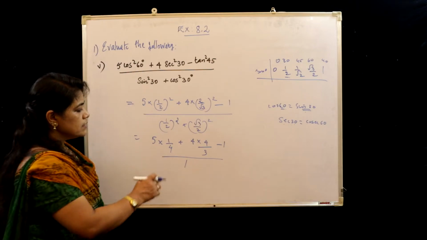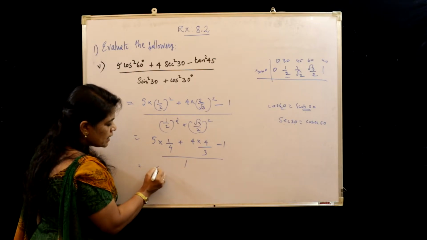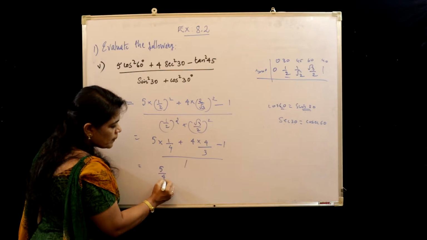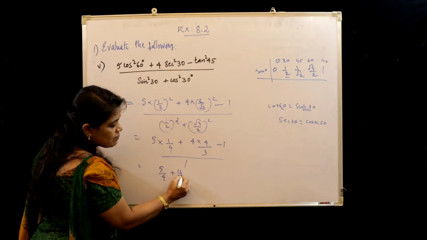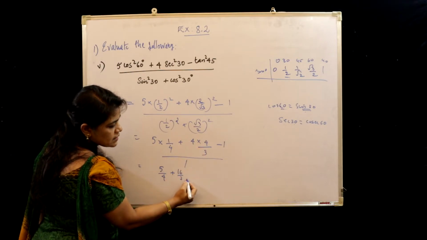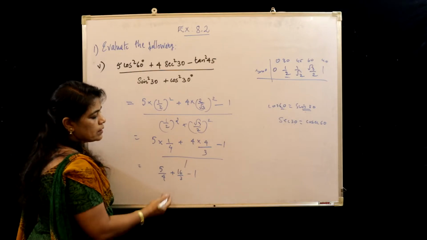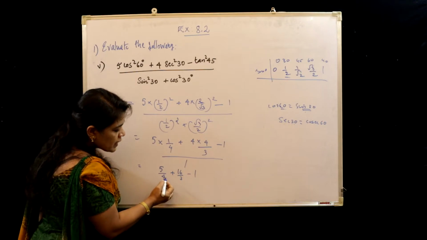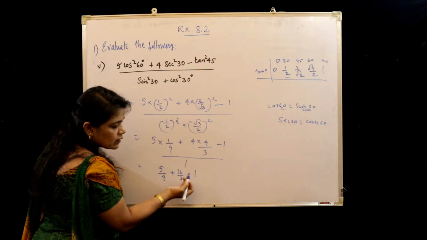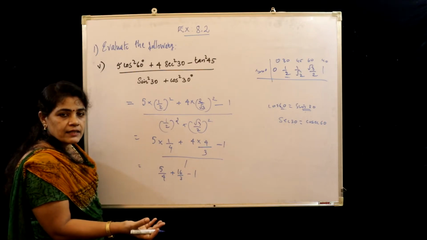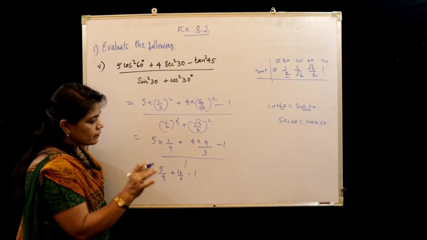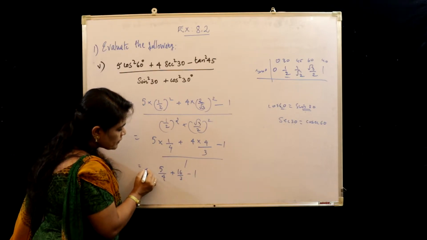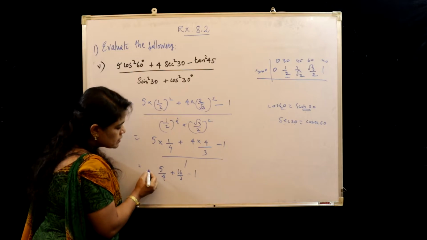So in order to simplify this numerator, 5 by 4 plus 16 by 3, 4 fours are 16, minus 1. Denominator 1 means we are not writing that in the next step onwards. With 4, 3 and 1, you can find the LCM and multiply each term with the LCM. So 4 and 3 LCM is 12.